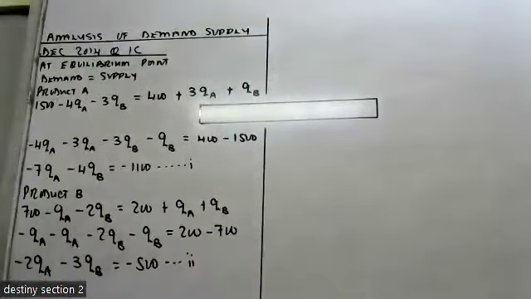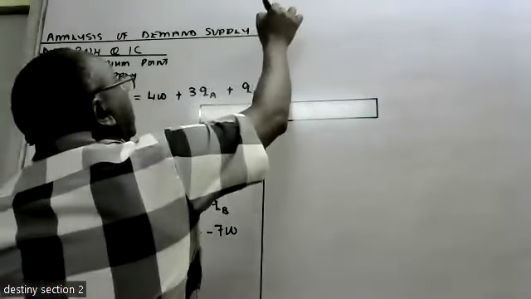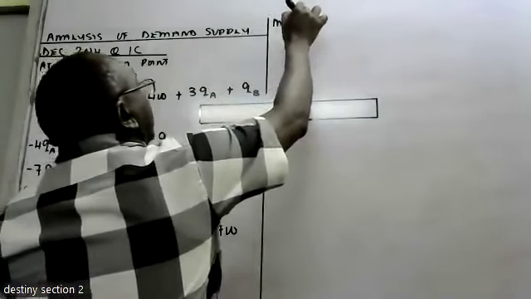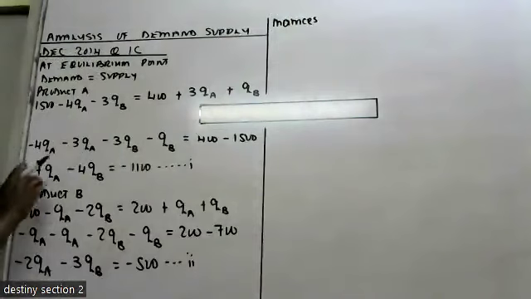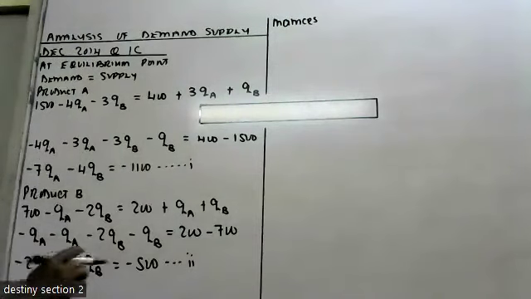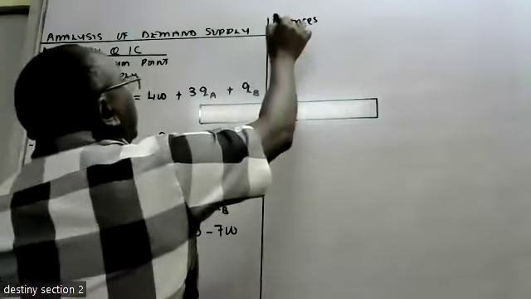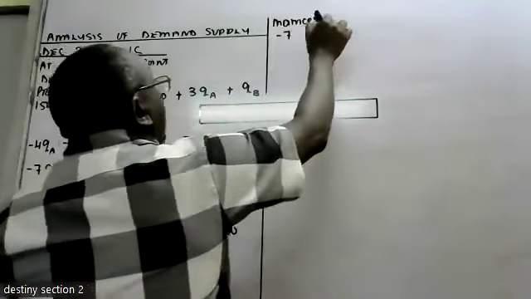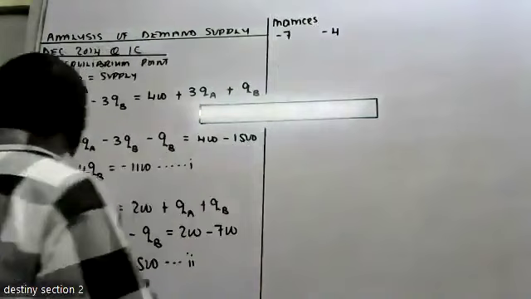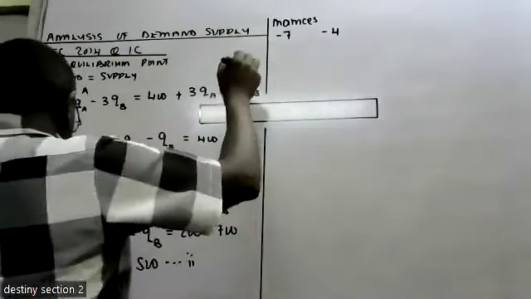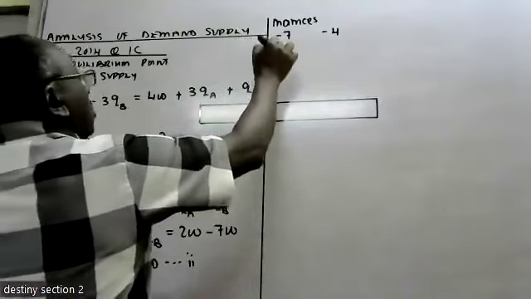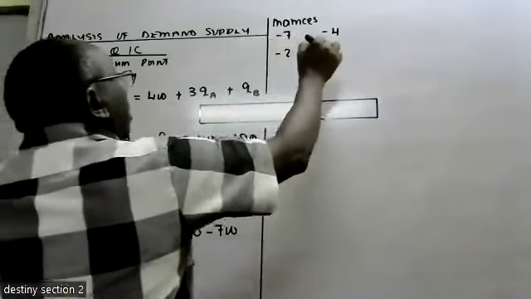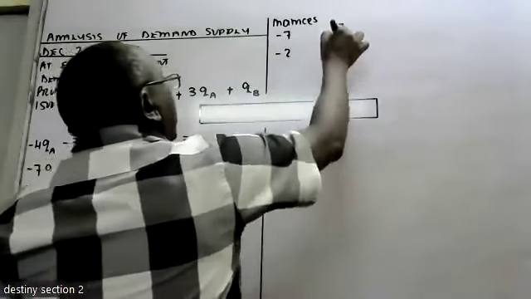And attempt to create matrices. So matrices, we said when you are creating matrices, you pick these coefficients. So this will be minus 7, minus 4. Then we have minus 2, and minus 3.